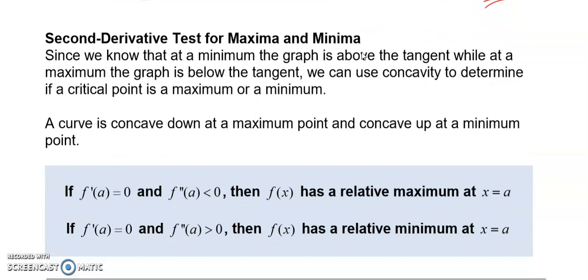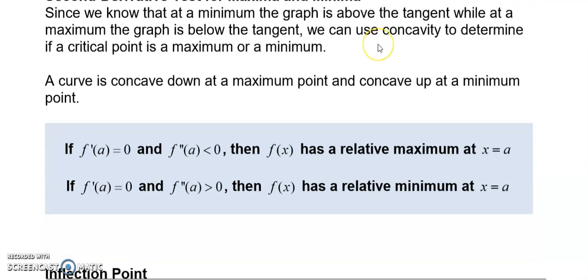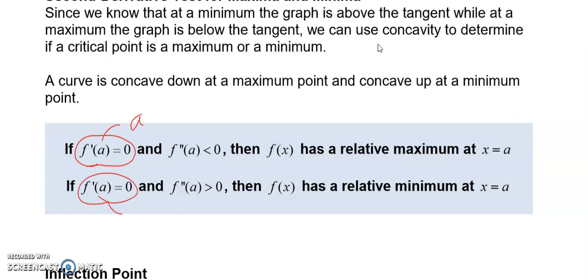This is what we mean by the second derivative test for maximum and minimum. If you take the first derivative and set it equal to 0, you'll get a certain value of a. All this is saying is that a is what we call a critical value, which we saw in our last lesson. If you have a critical value, it's either a maximum or a minimum.